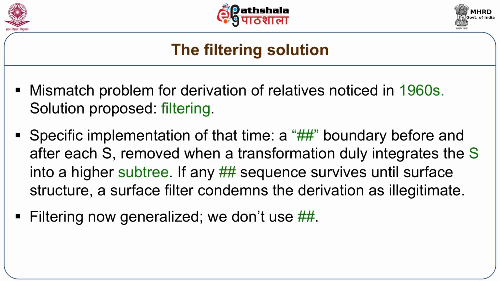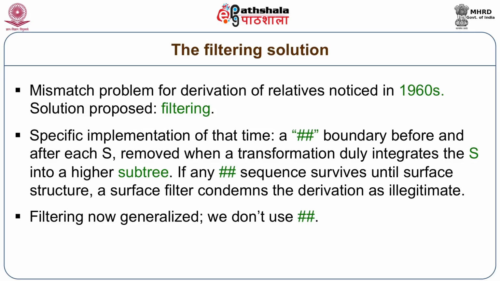If the transformation fails to apply, for example, if you have relative clause material that is inappropriate and therefore the relative clause transformation, which is WH movement, fails to apply, then it also fails to delete the sentence boundaries, which gives you the result that at the end of the day, when you're looking at the surface structure, the detector of bad gadgetry will notice that there are these undeleted sentence boundaries sitting inside the matrix sentence, and the detector will say, sorry, there is illegitimate material here, this is a bad surface structure, therefore we are filtering out the derivation, we are condemning the derivation. That is how the filtering proposal was first formulated.